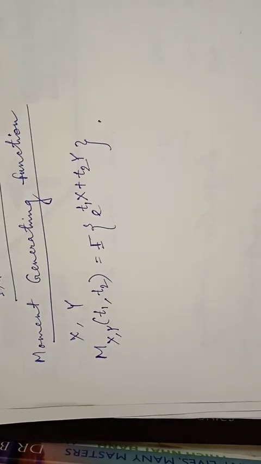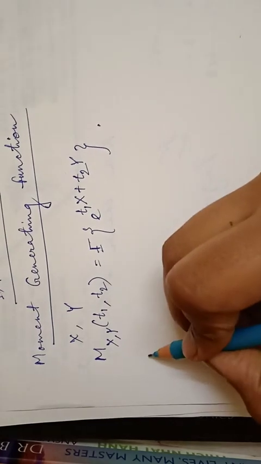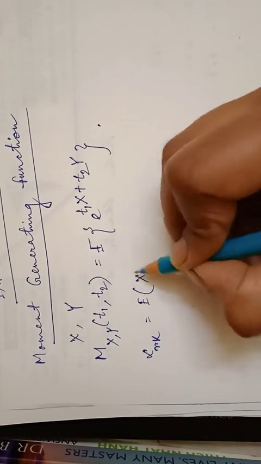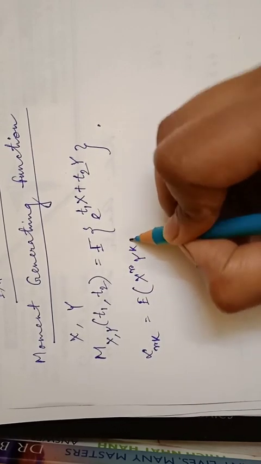We have already discussed in an earlier class that the moment is denoted by alpha_{r,k}, and this is the expectation of X to the power r, Y to the power k.